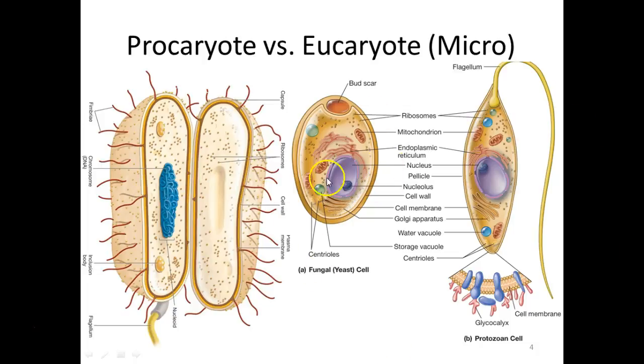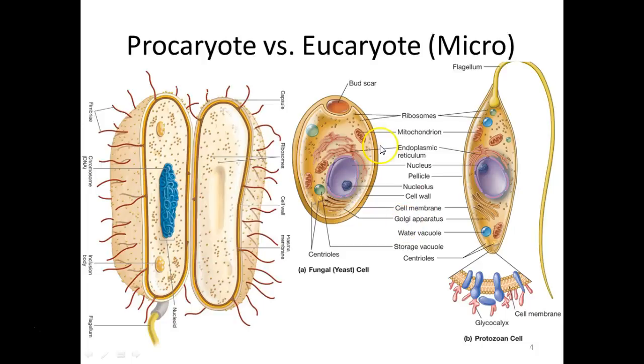And then we have our two example eukaryotes that are microscopic, right? So this is a protozoa cell, maybe I was trying to think of an actual example of one that has a flagella. Something like Giardia, for instance, right?